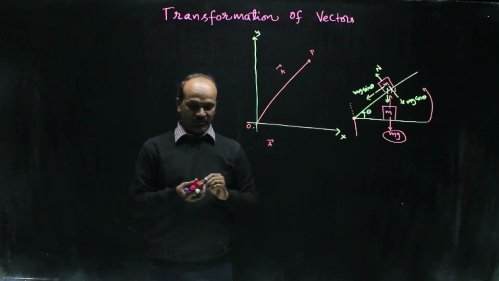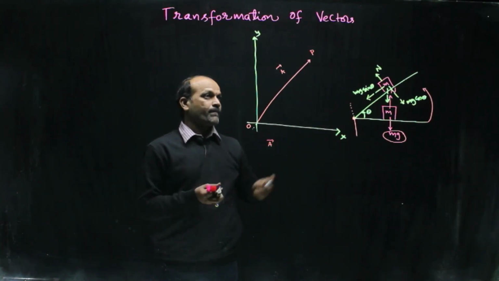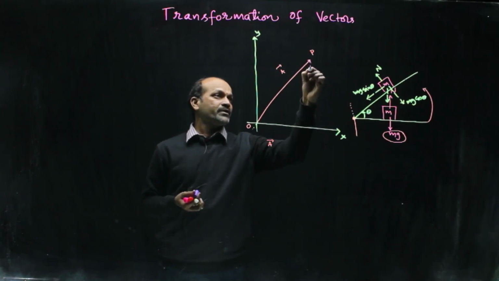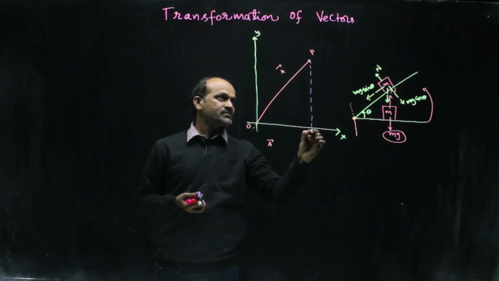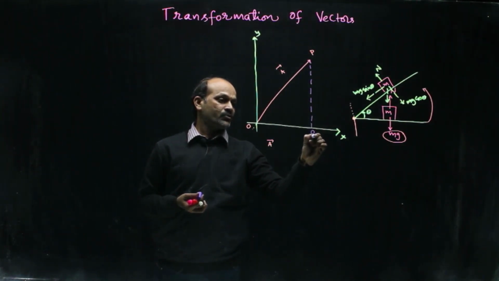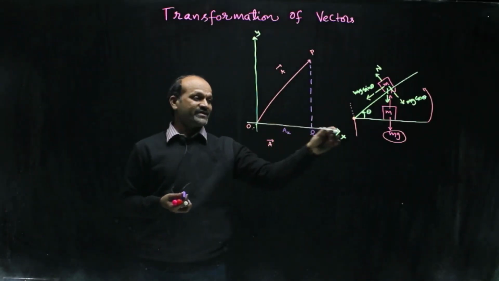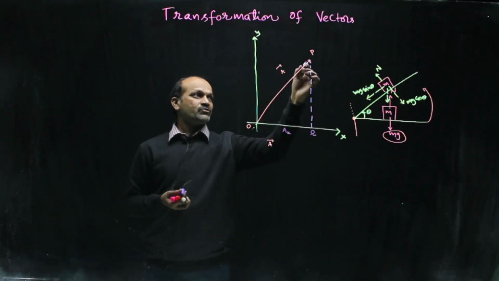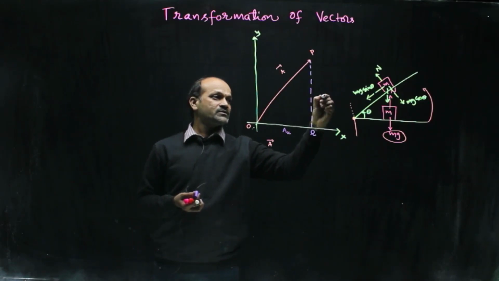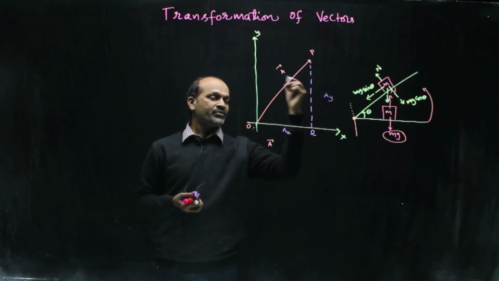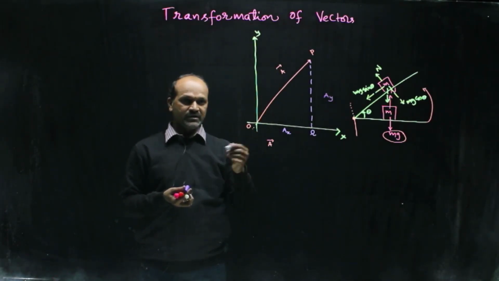If you drop a normal from P onto the x axis, say PQ, this part becomes the component of a bar on the x axis, Ax. If you drop a normal from P onto the y axis, this becomes the component of a bar on the y axis. Similarly, Az will be there.